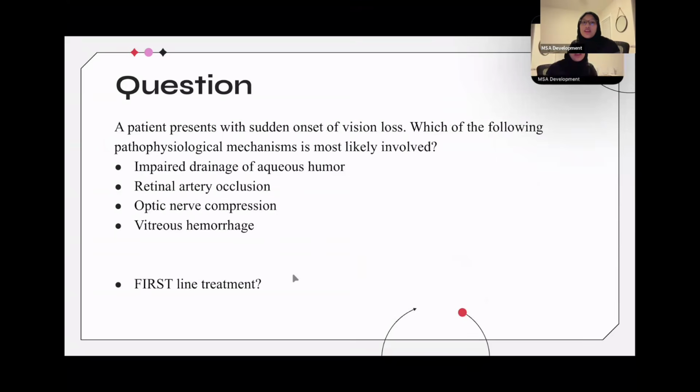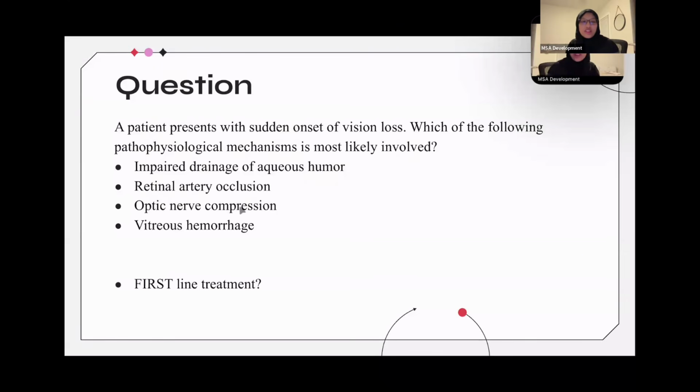Patient presents with sudden onset vision loss. Which of the following is most likely involved? By the way, these are from past exams, so you can trust me on these questions. These are important points from the lecture. If sudden onset vision loss, what is the most common one? We said retinal artery occlusion can cause acute vision loss, yes, with cherry red macula.